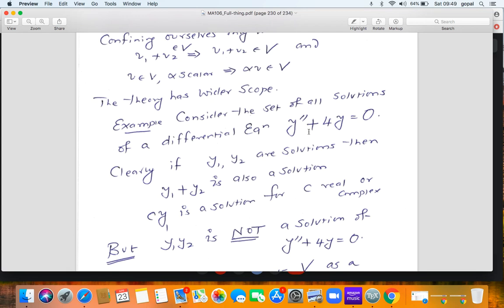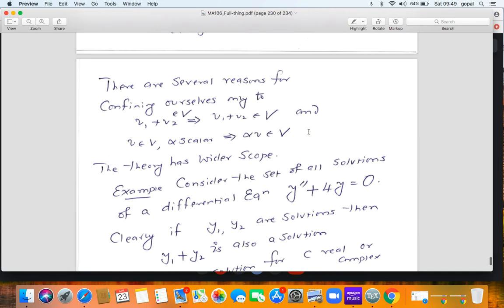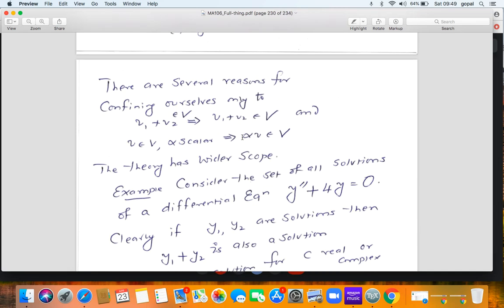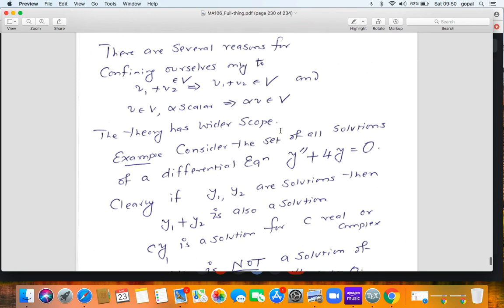So in the definition of a vector space, you confine yourself to addition of two things and multiplication by scalars. That is, v is a vector and alpha is a scalar. v is an entity in capital V, and alpha is a real number or a complex number. You want to compute alpha v, and that should land up in V. We do not take v1 and v2 in V and try to define a product v1 v2 in V, because the natural things don't really fit.